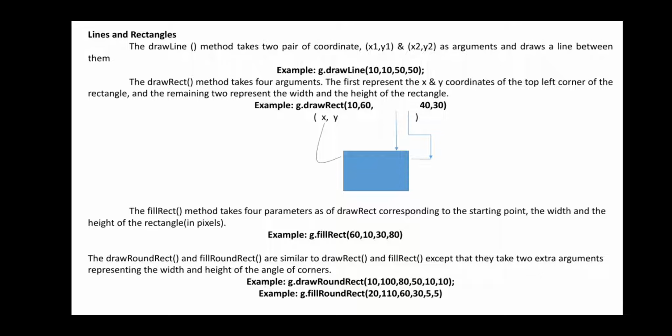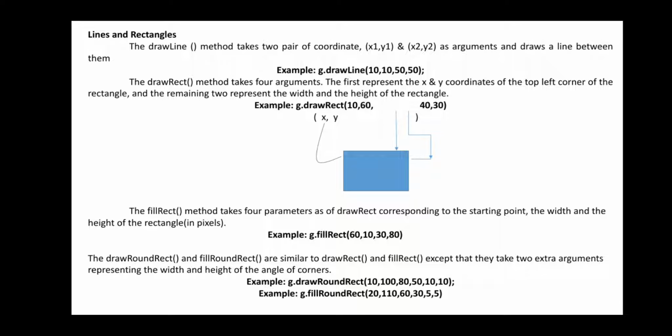Same as lines, where it makes points of x-axis and y-axis and then draws a line, it takes 4 arguments. In draw rectangle, it accepts the same thing; there is no difference.